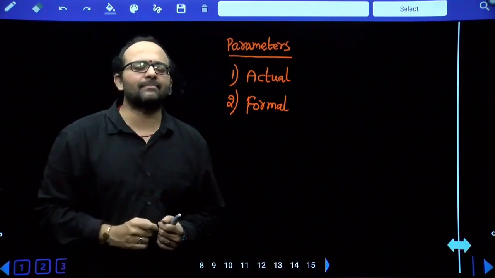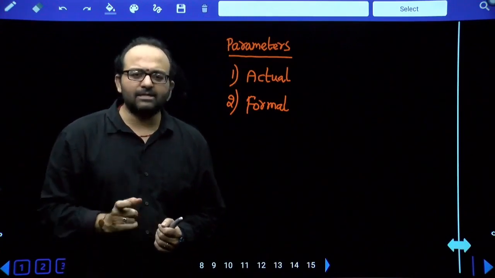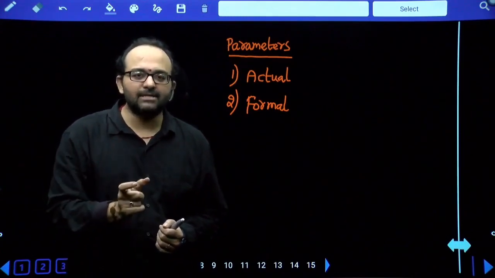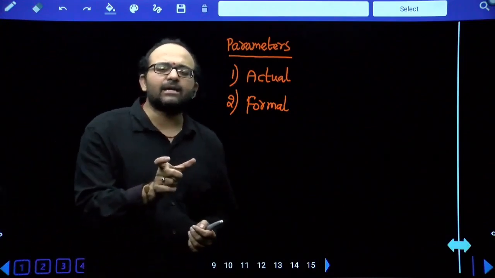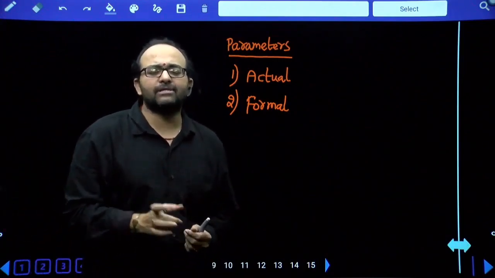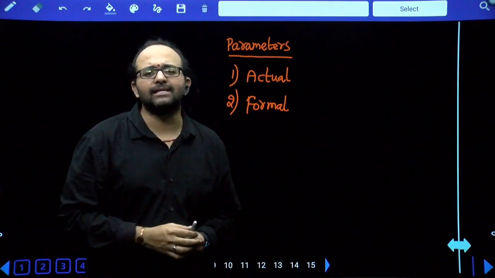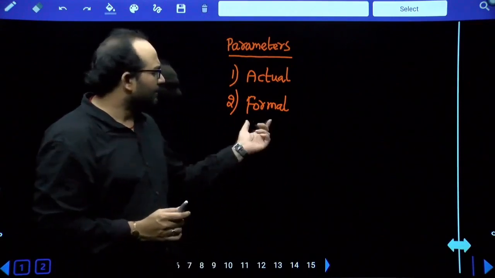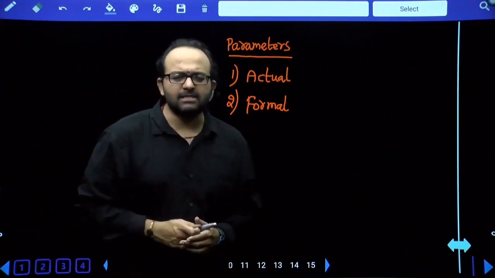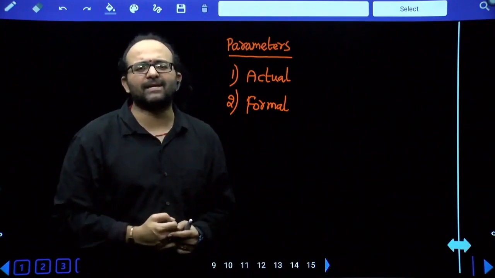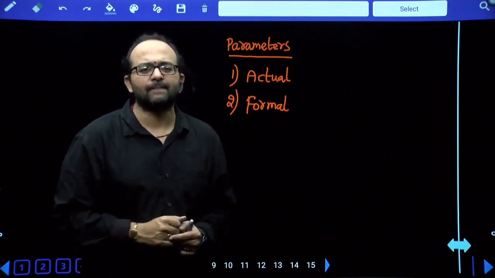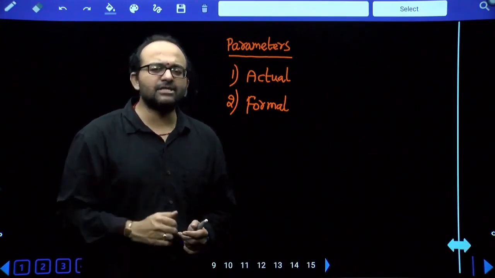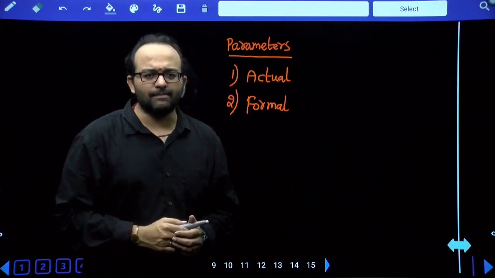The actual parameters are the parameters which are mentioned in the function call. If you consider formal parameters, these are the parameters that are specified in the function definition. That is the difference between actual parameter and formal parameter.